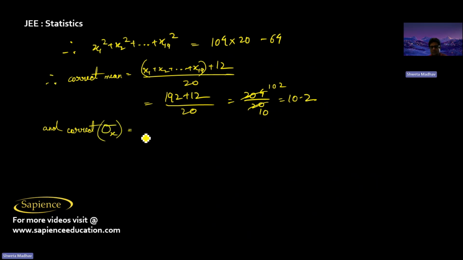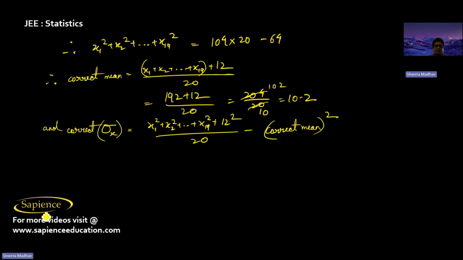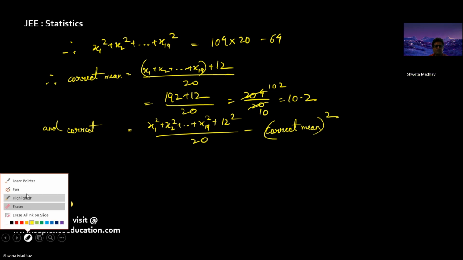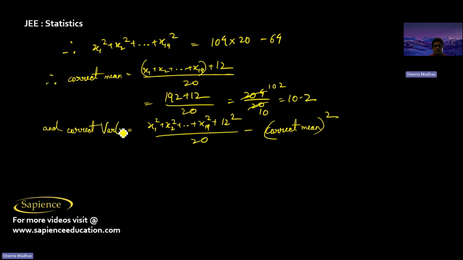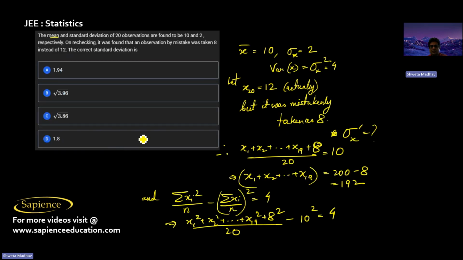And therefore the correct standard deviation will be x1 square plus x2 square plus till x19 square plus 12 square divided by 20 minus the correct mean square. So we are finding the correct variance, and the standard deviation will be the square root of that.